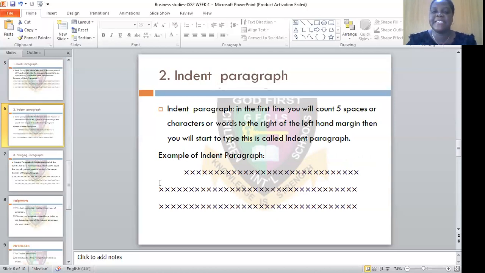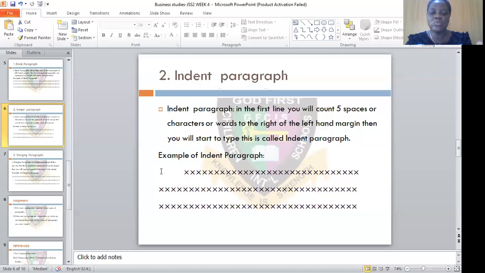The first difference is that in the first line, you will count 5 spaces or 5 characters to the right of the left margin. What are we saying? I told you this is my left hand, and my left hand starts from the beginning of an exercise book or A4 paper.